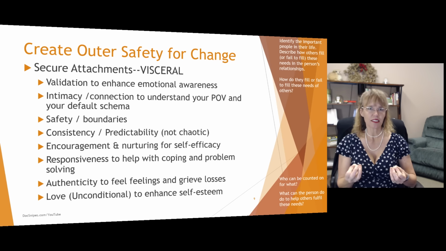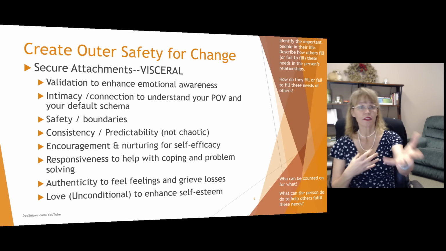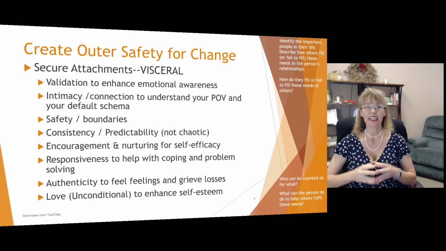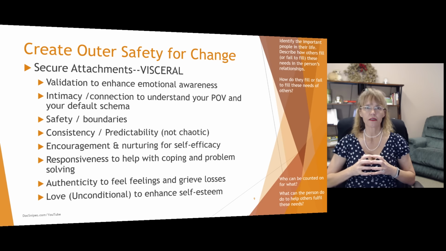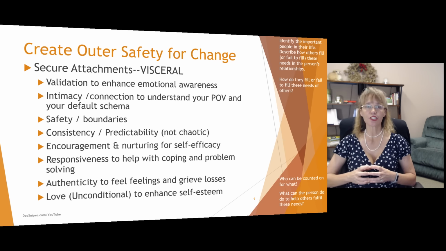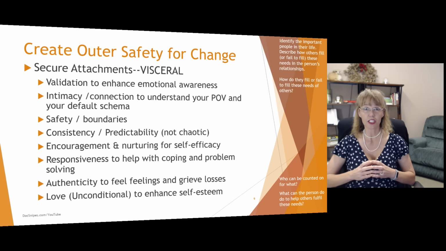Intimacy and connection, talking with your significant others and having the client be very clear with their significant others about what they need in terms of intimacy and connection and what that looks like. Helping clients educate their significant others about all of these concepts like boundaries and consistency.